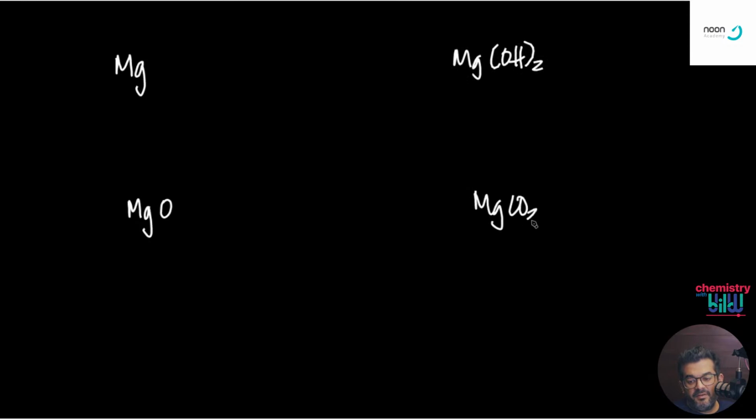So what have we done so far? Just to give you a recap, magnesium oxide, magnesium hydroxide, and magnesium carbonate. All of these can make, let's say, magnesium nitrate.